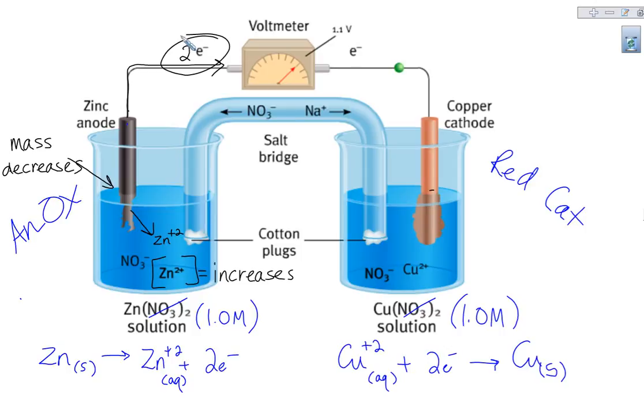All right, so now let's see what happens on the other half. This time I'm supposed to take those copper plus 2 ions and form solid copper. Well, look at this. Can you tell here that the mass is increasing?